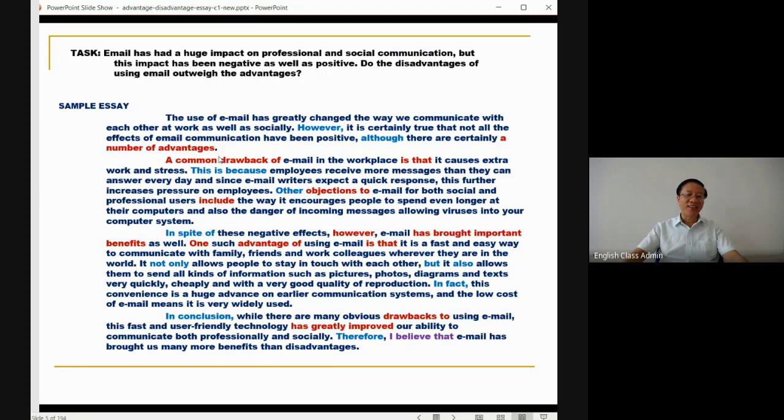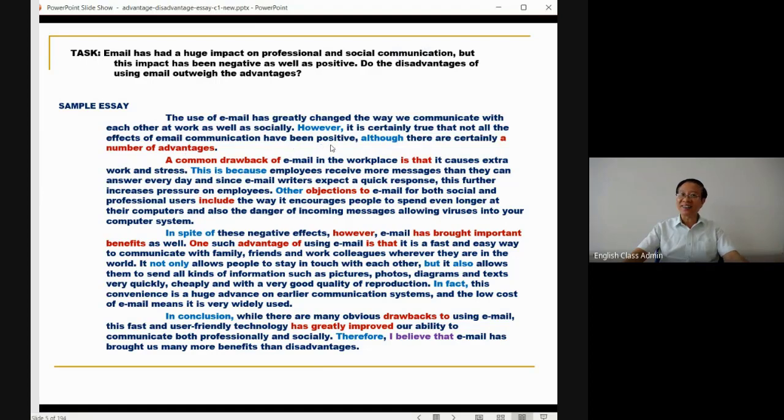Okay, if you look at the introduction and you look at the very first sentence, you can see the writer addresses the topic directly. They write the use of email. So they mention the keywords for the topic directly. And in the thesis statement, you can see the writer says the effect of email has been positive.